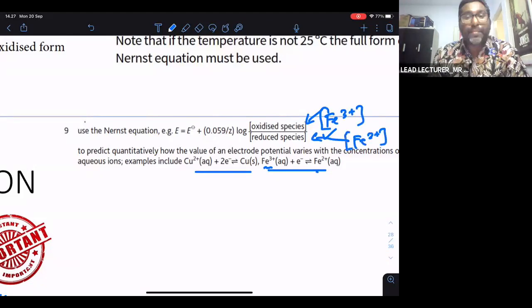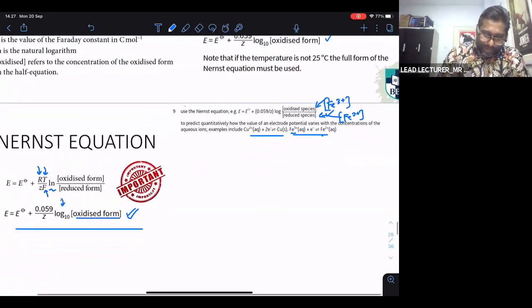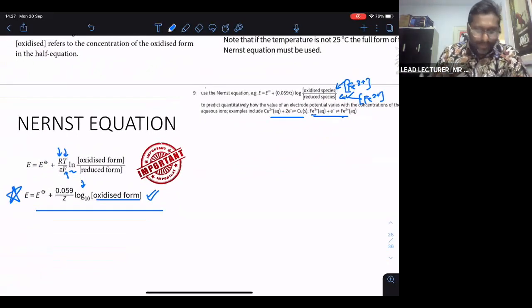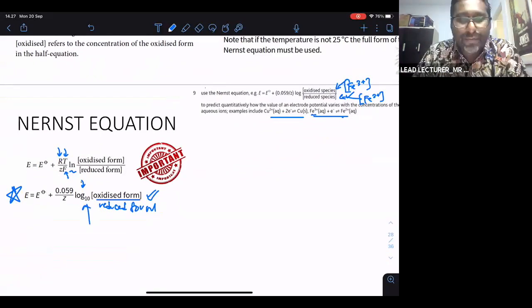Please remember that. But make sure, not all the time. There is also a reduced form here. But now it's going to be log. We will use log.